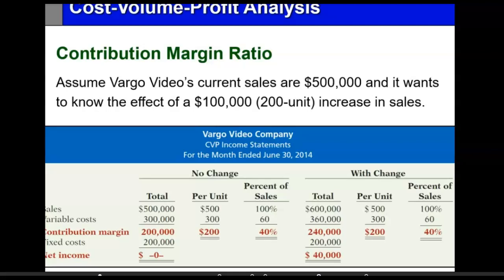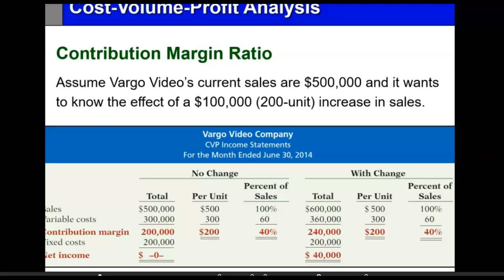Now, if I take 200 as a percentage of 500, I get the contribution margin ratio of 40%. If I take 200,000 as a percentage of 500,000, I get the contribution margin ratio of 40%. This will remain constant as long as I don't change my selling price or my variable costs.